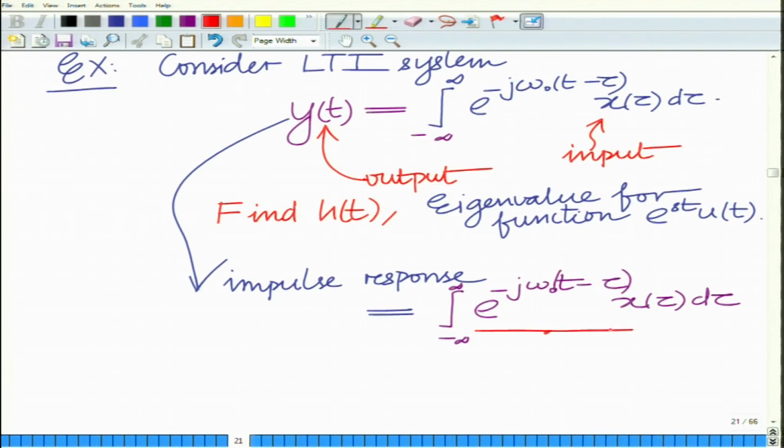So, this is your h of t minus tau and this is your x of tau.